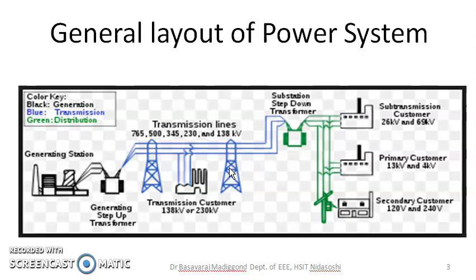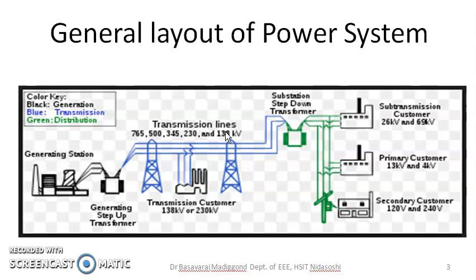In India, electricity is generated at 11 kV or 22 kV. Then it is stepped up to 220 kV using a step-up transformer, which is located at the generating station itself. Then it is transmitted.